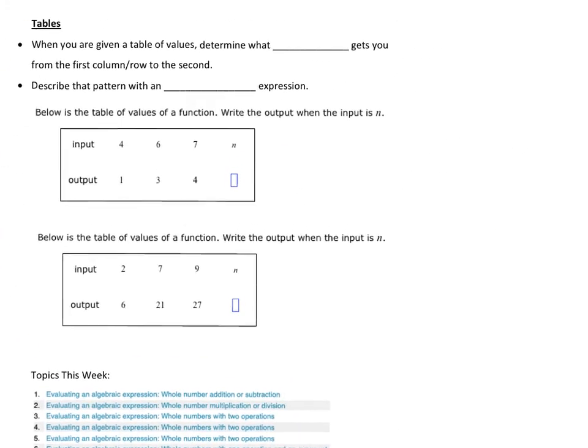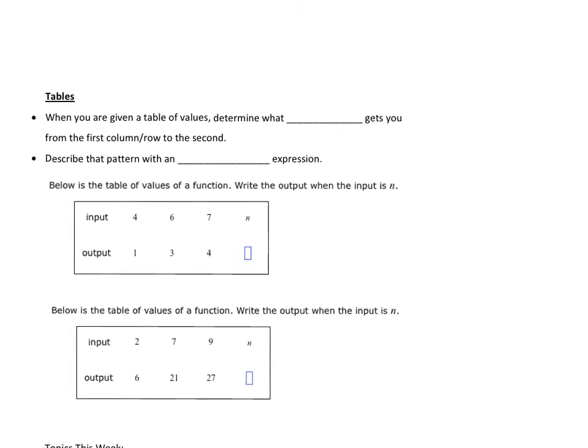Let's look at tables now, if we're using these on tables. So when you are given a table of values, determine what operation gets you from the first column to the second.